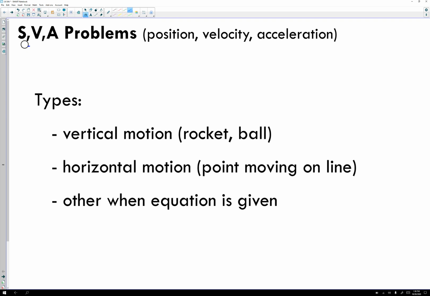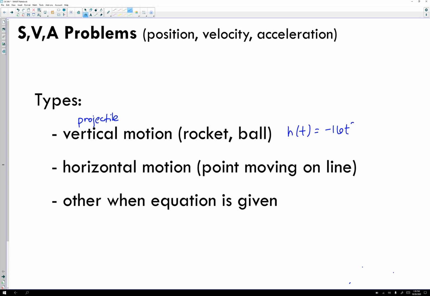There are different types of SVA problems, and one of them is vertical motion or projectile motion. You may recall learning that in Algebra 2, like when you kick a ball or launch a rocket or throw something. Your position function is actually a height function dependent on time.